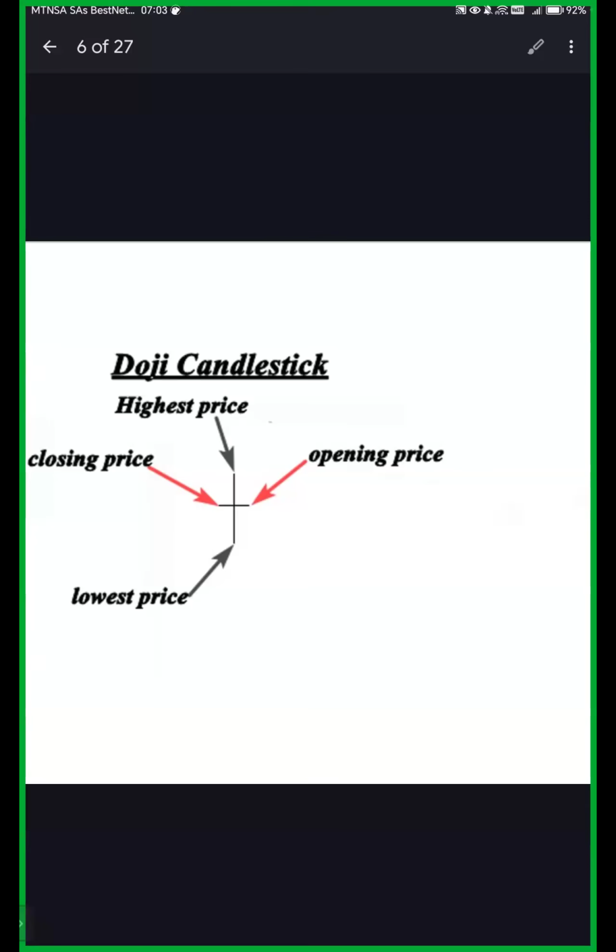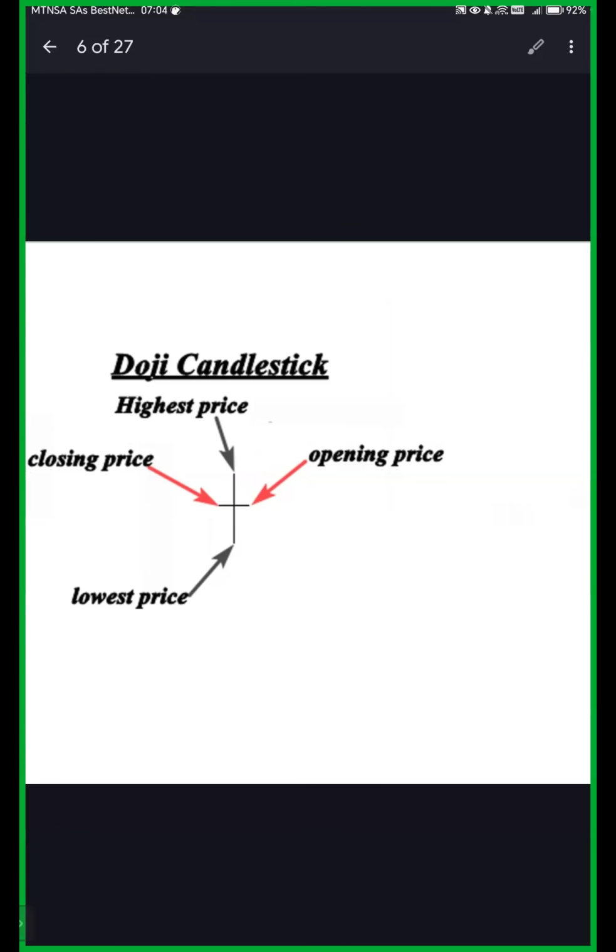A doji candlestick is also a very important candlestick pattern that you should look out for when you are doing candlestick analysis. It carries very important information when it appears in our chart.